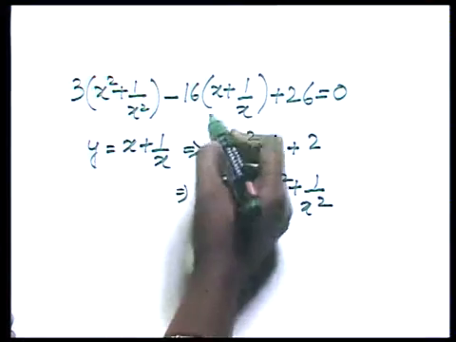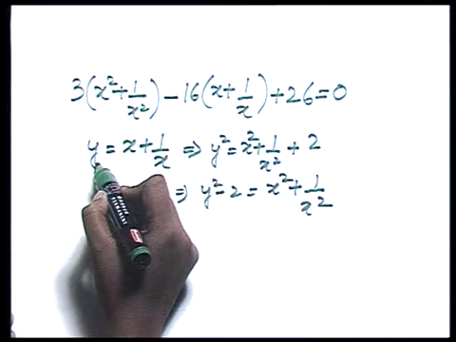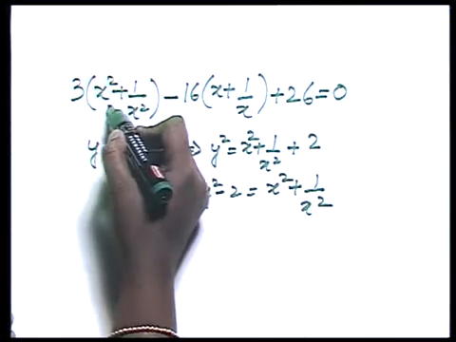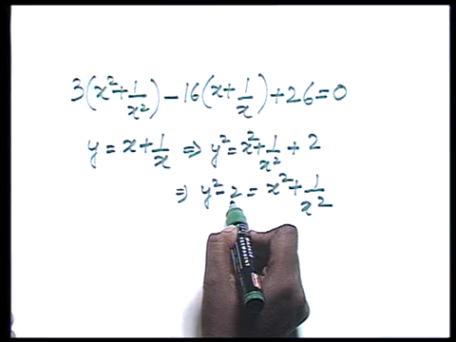Thus, we find that if we substitute x plus 1 upon x as y, then x square plus 1 upon x square will be y square minus 2. So, replacing x plus 1 upon x by y and x square plus 1 upon x square by y square minus 2, let us see what do we get.